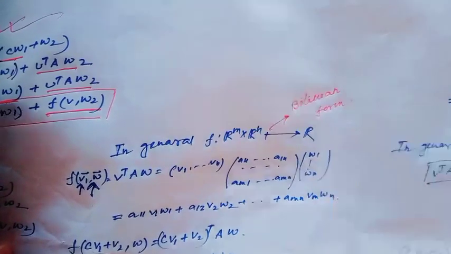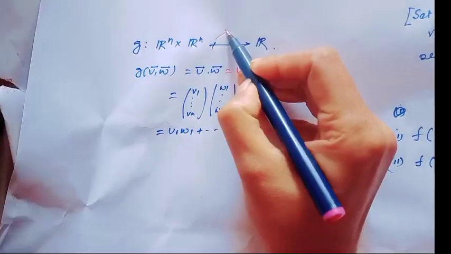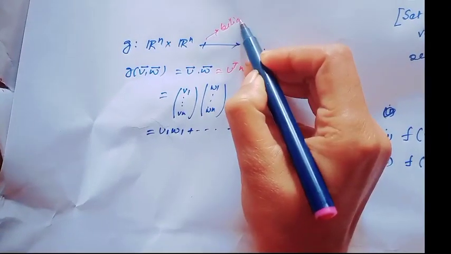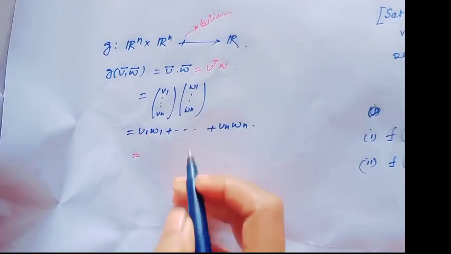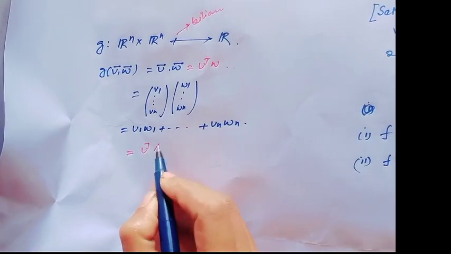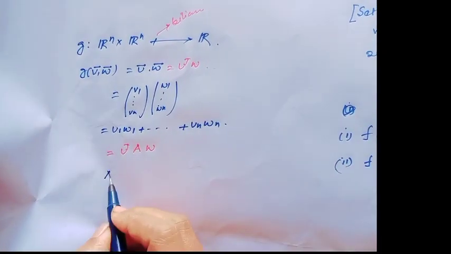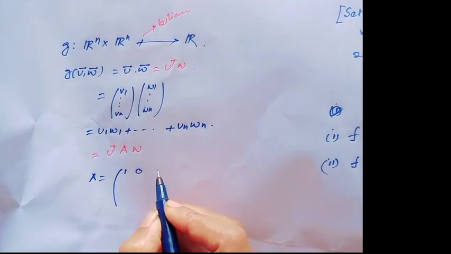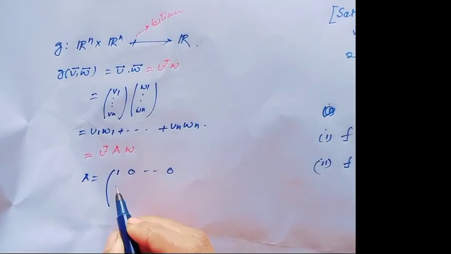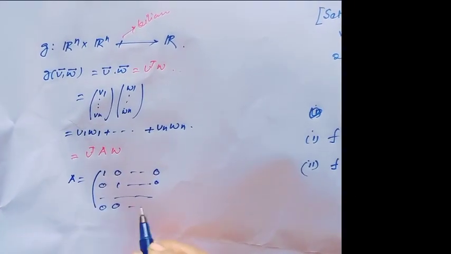Well, a few minutes ago I said the dot product is a bilinear form, and we can write the dot product also as V transpose AW, where A is nothing but the identity matrix, 1 0 0, 0 1 0, up to 0 0 1.